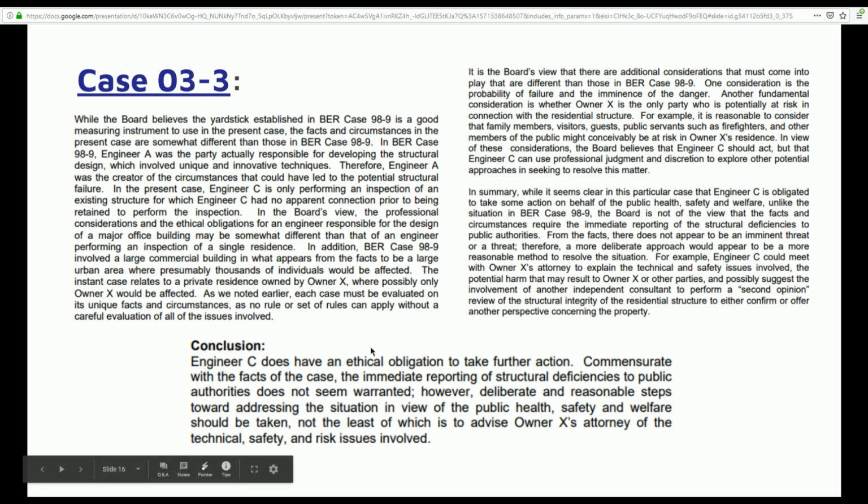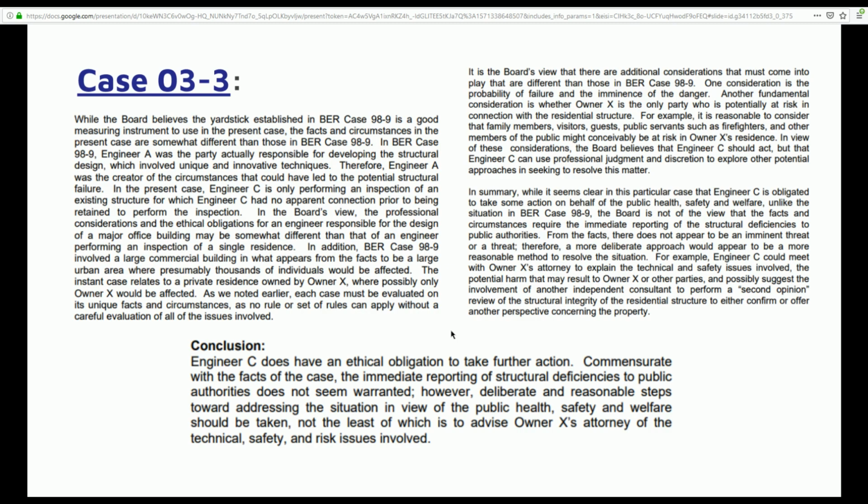Notice that the Board of Ethical Review does not suggest that Engineer C should go to the police or to public authorities. This is really just making sure that the safety risk here is fully understood. If the owner fully understands that risk and still doesn't want to do anything about it, it's their property and there's only so much you can do.